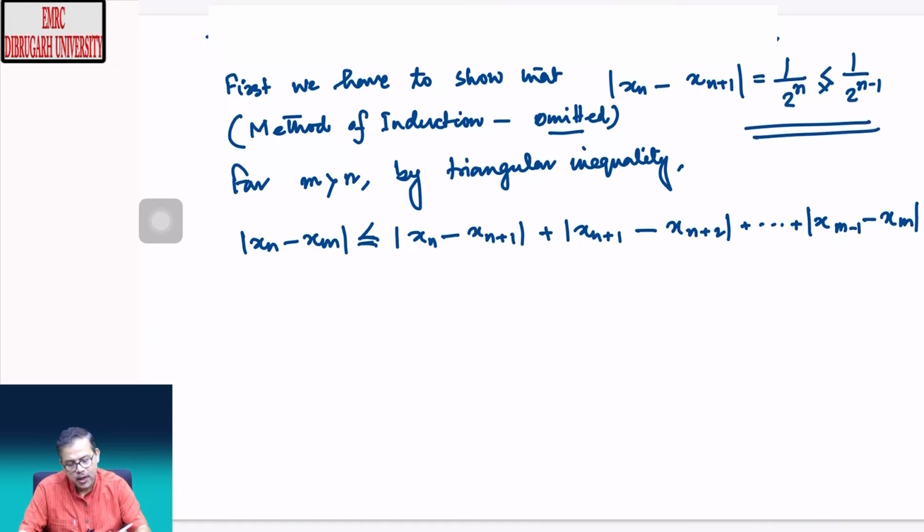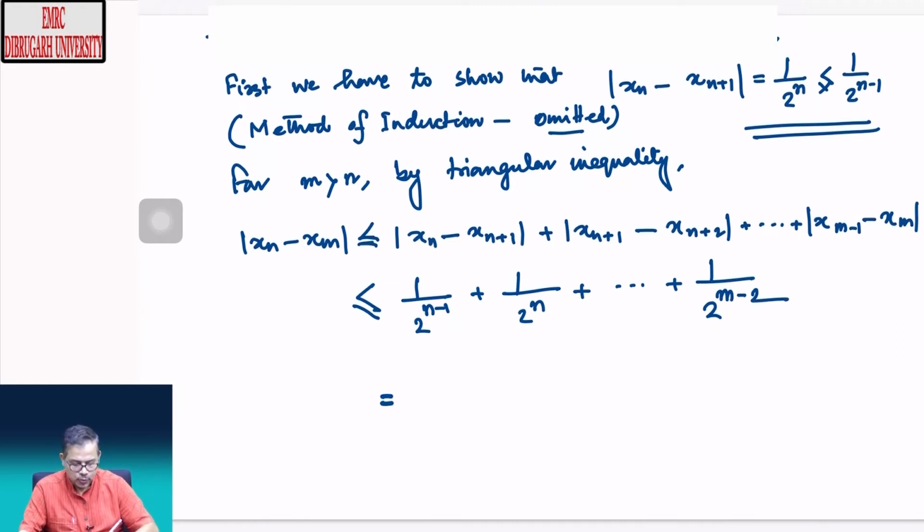By this property, I can at once write this is less than or equal to 1 by 2 to the power n minus 1, plus 1 by 2 to the power n, and so forth. Ultimately, it will be 1 by 2 to the power m minus 2.